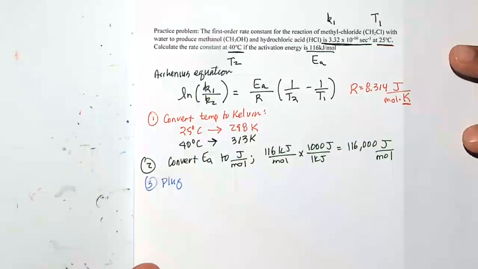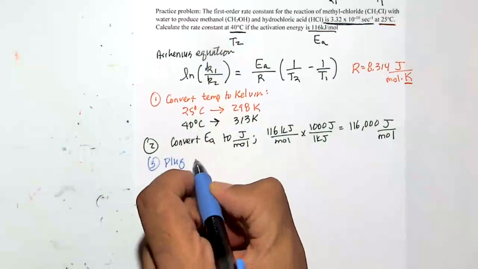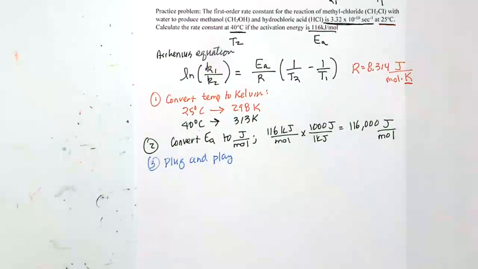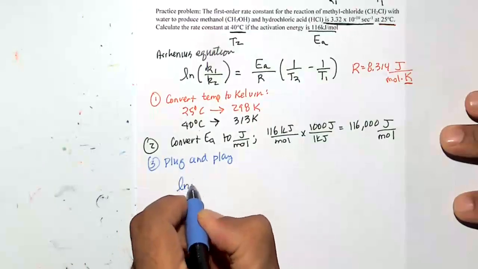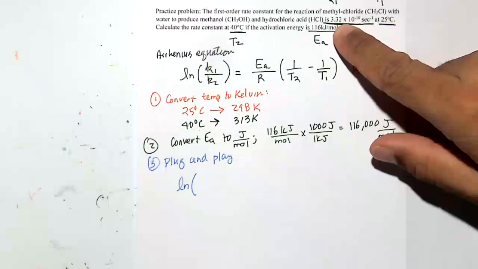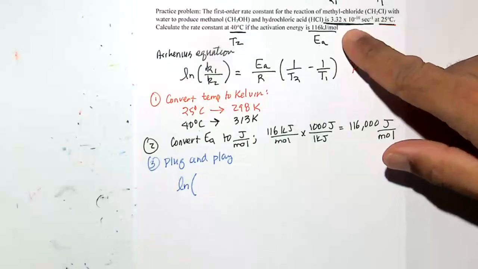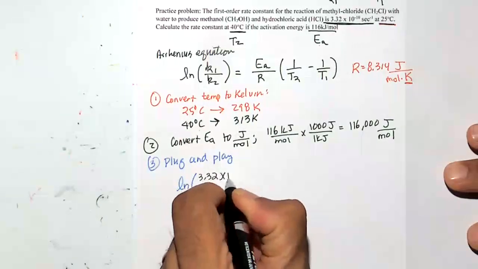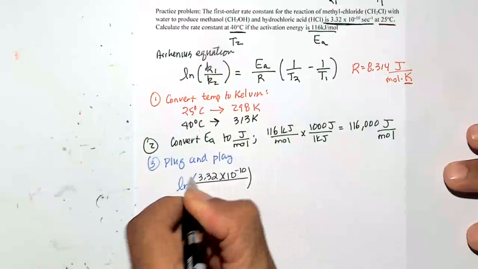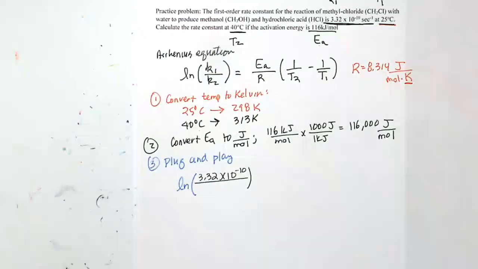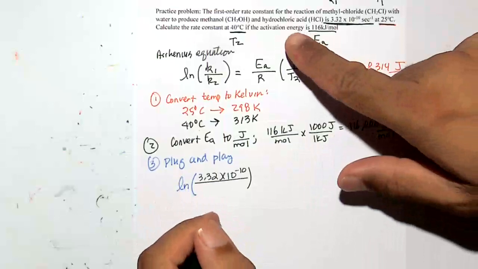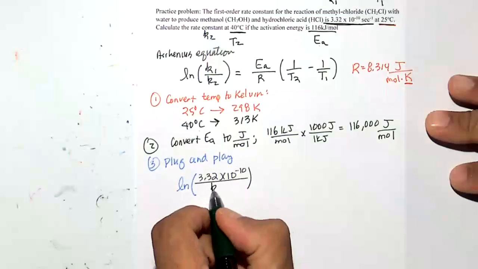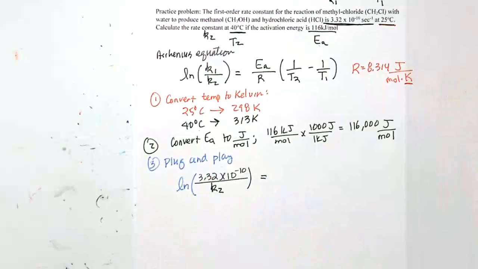All right, now we will plug it into the equation. So natural log of K1. K1 is 3.32 times 10 to the minus 10. We'll put that in the natural log. No units inside the natural log. K2, that's what we want to solve for, equals Ea.